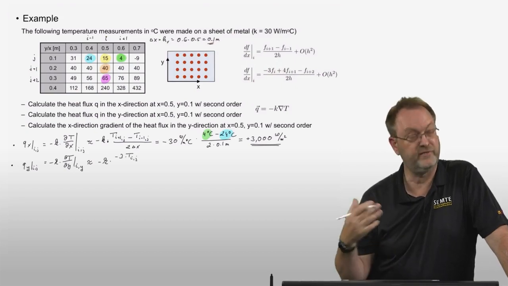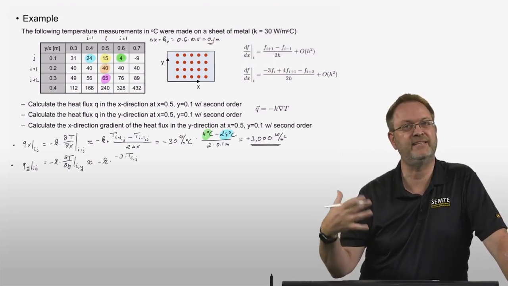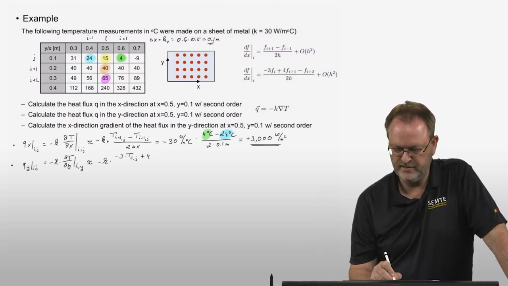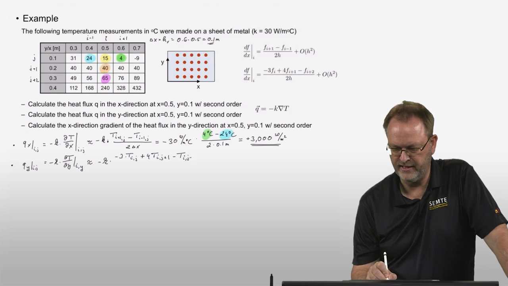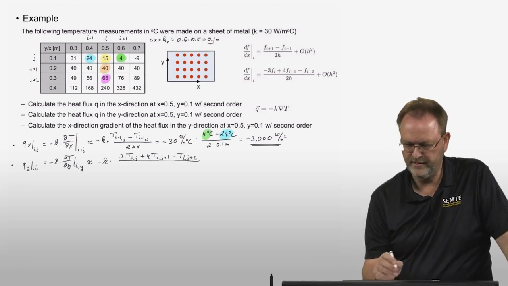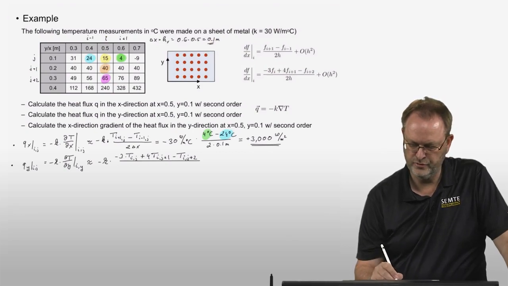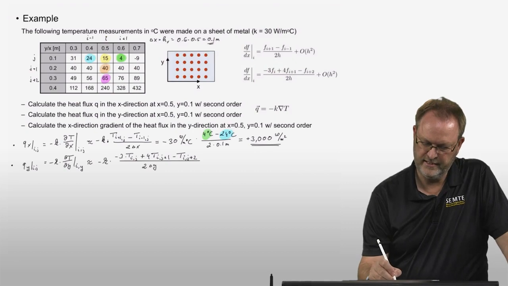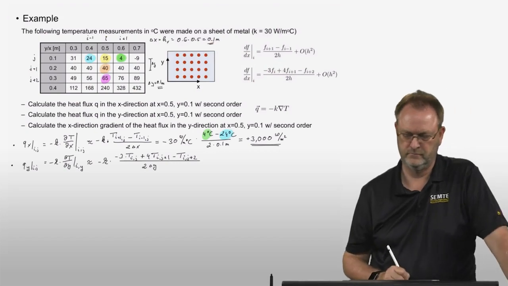It's the partial derivative in the y direction, so I keep the x index, the i, the same, plus 4 times T at i, j plus 1, minus T at i, j plus 2. Then I have to divide this entire thing by 2 times delta y. And if I look here at the spacing between adjacent points, delta y is equal to 0.1 meters as well.